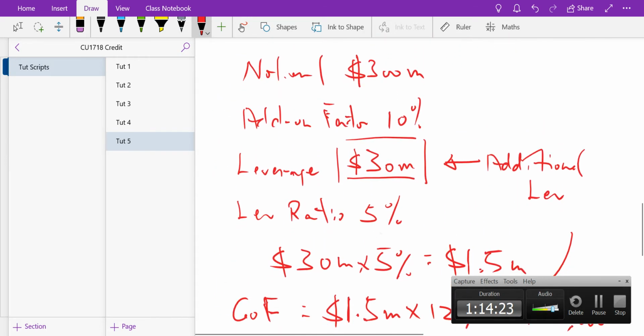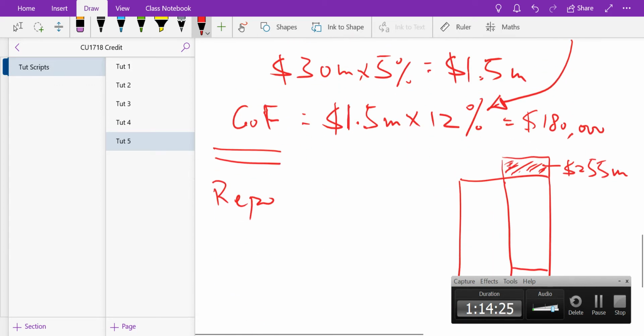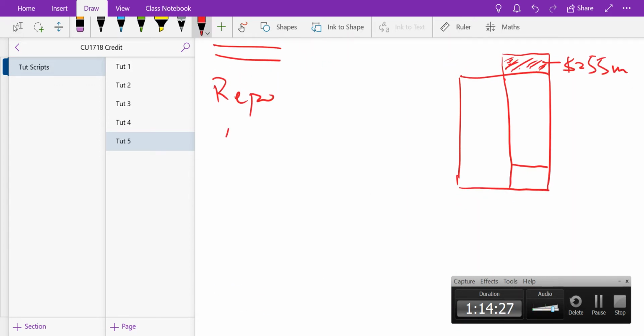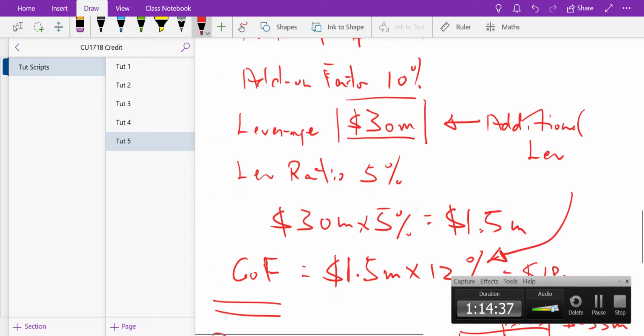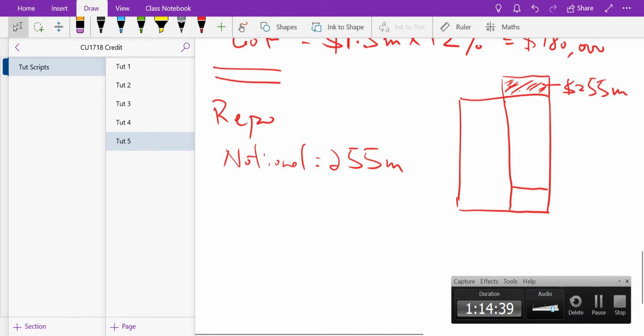Okay? So for the repo, I'll let you have these notes. The notional is now 255, and then there's no add-on, but the leverage is the same.